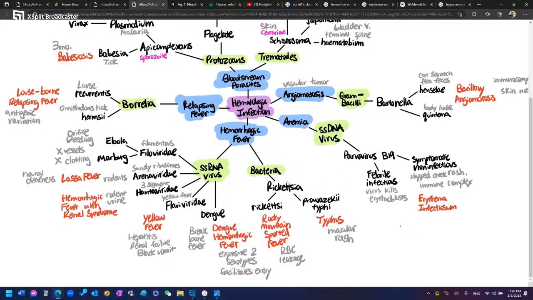So with rickettsia, think hemorrhagic fever. And there's a lot of viruses here. Dengue being one of them, called breakbone fever, flaviviridae, yellow fever, hantavirus, these like rodents apparently, arenoviridae, which have sandy ribosomes, and then Ebola is a filoviridae.